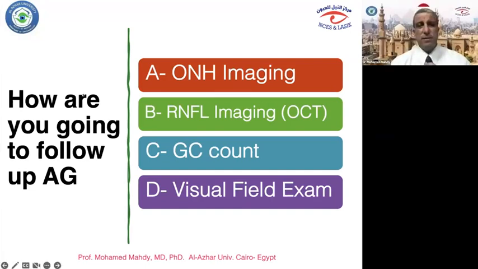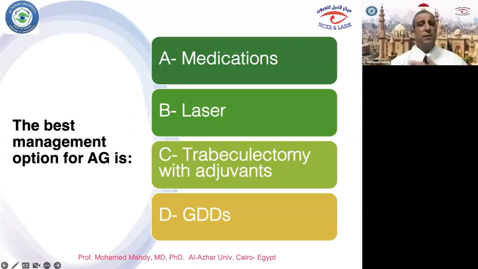The third question: what is the best management option for an advanced glaucoma patient? We have several treatment modalities like medications, laser, trabeculectomy with adjuvants, or all of the above. It's very important to test the current practice in different parts of the world.